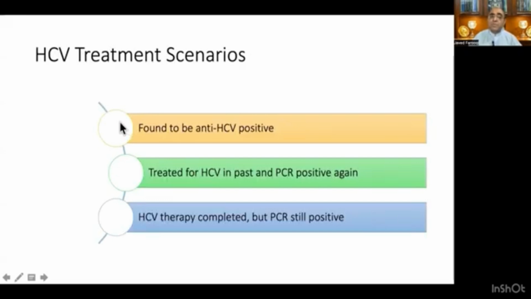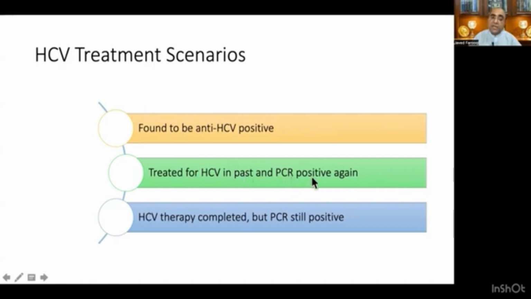When a patient comes to us with HCV positive, three scenarios are possible. The patient has been found to be anti-HCV positive, whether the patient was donating blood, or it was some pre-visa screening or pre-op screening, and the patient was found to be anti-HCV positive. Or the patient was treated for HCV in the past, and now the PCR is positive again.